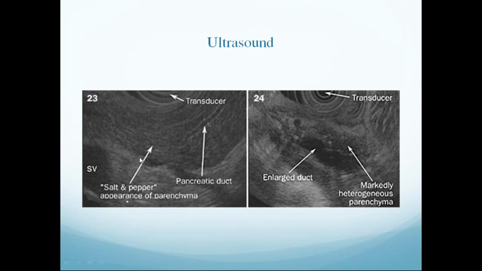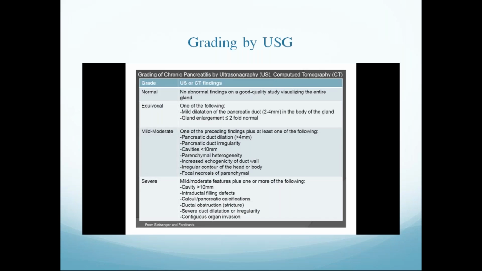So in ultrasound, there will be a salt and pepper appearance of the parenchyma, and there will be pancreatic duct dilatation, and the duct is enlarged, and there will be marked heterogeneous pancreatic parenchyma. So we grade the type of pancreatitis on USG findings, that is normal, equivocal, mild, moderate, and severe.